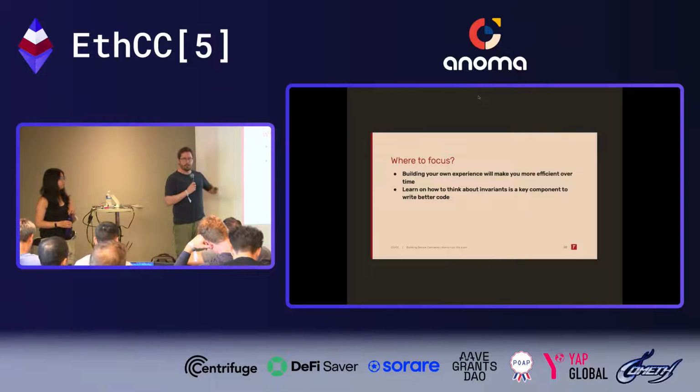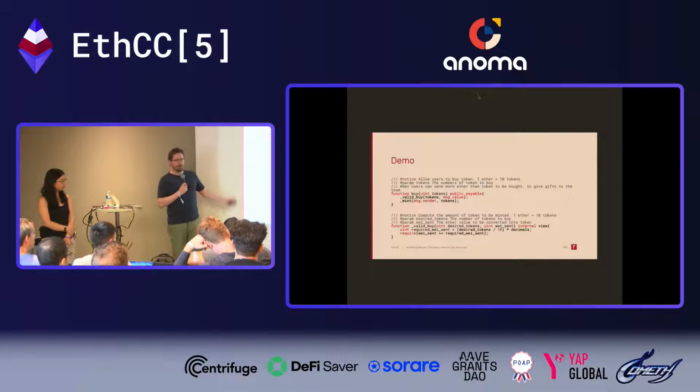If you use Echidna or any other tool, it's going to be even better, but just by starting to think about invariants and having this shift in paradigm in the way you build contracts, it is going to help you a lot. And actually, doing audits sometimes, when we ask what the system is supposed to do, what the invariants are, just by writing some invariants we realize that some are obviously wrong and broken, even before running Echidna. So this is really a powerful tool in the way we think about the code base.